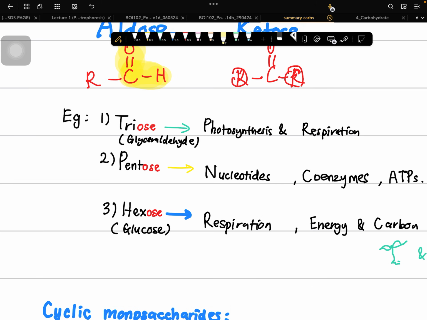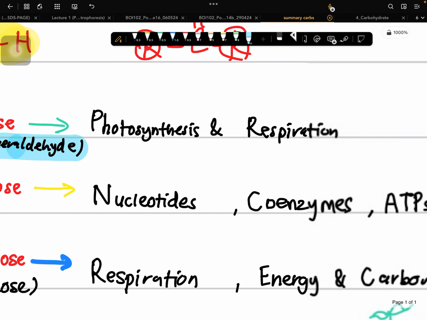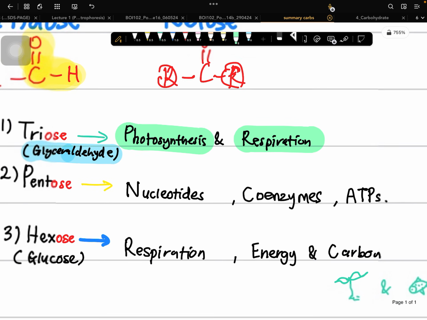And then we have several examples of monosaccharides, which are triose, tetrose, pentose, hexose. But here we're going to focus on the next three types. The first one is the triose. An example is glyceraldehyde, G3P, and they function in photosynthesis and the respiration process.